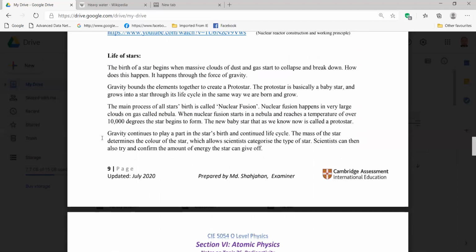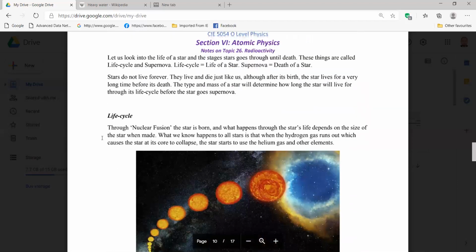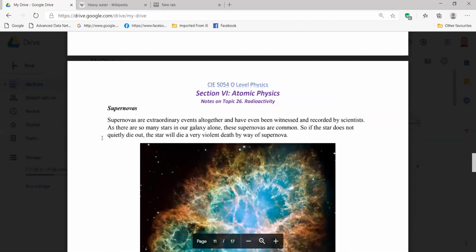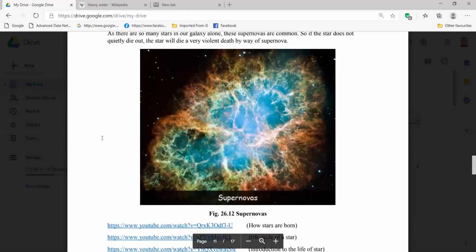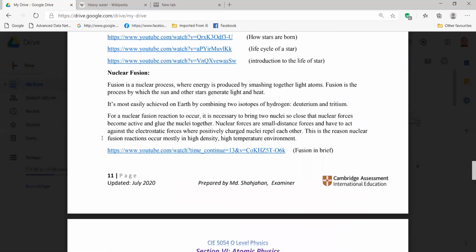Afterwards, we covered the life of stars, a little bit, and the life cycle briefly. We had supernovas, the death of a star. Finally, we had nuclear fusion.